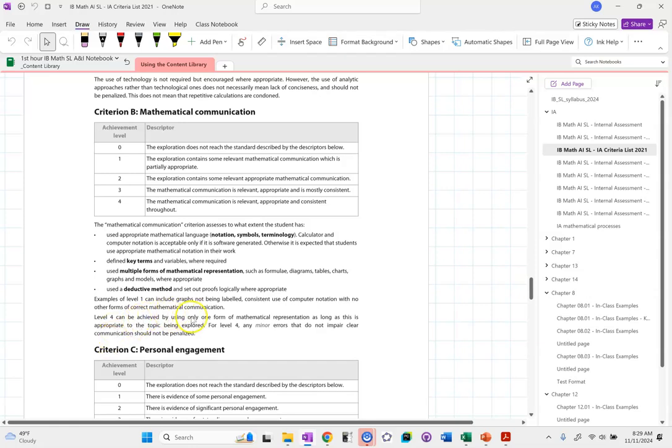The thing that I want to make mention of here now is this word consistent. What does consistent mean? Every single time, right? If you're saying the mean and you sometimes use x bar and sometimes you use something else or sometimes you use a mu, same variable, same way all the way through, right?